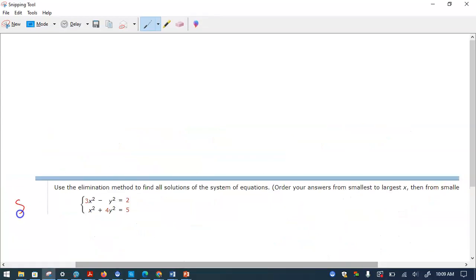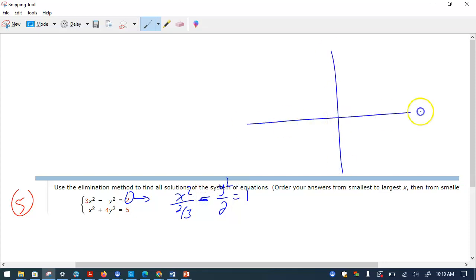Problem number 5. Through two equations, you see that this equation, if you divide by 2 everywhere, you get x squared over 2/3 minus y squared over 2 equals 1. And if you compare with the equation of a hyperbola, this is something like this. So it's a hyperbola.